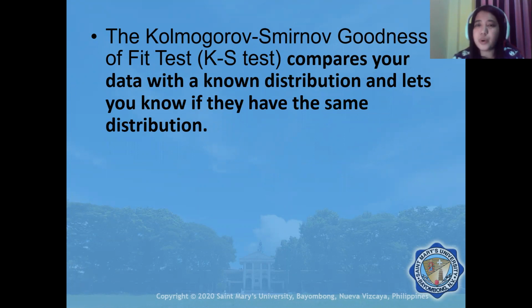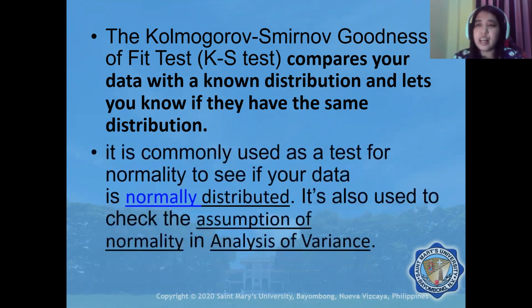We use this to compare data with a known distribution and let you know if they have the same distribution. It is commonly used as a test for normality to see if your data is normally distributed. It is also used to check the assumption of normality in analysis of variance.